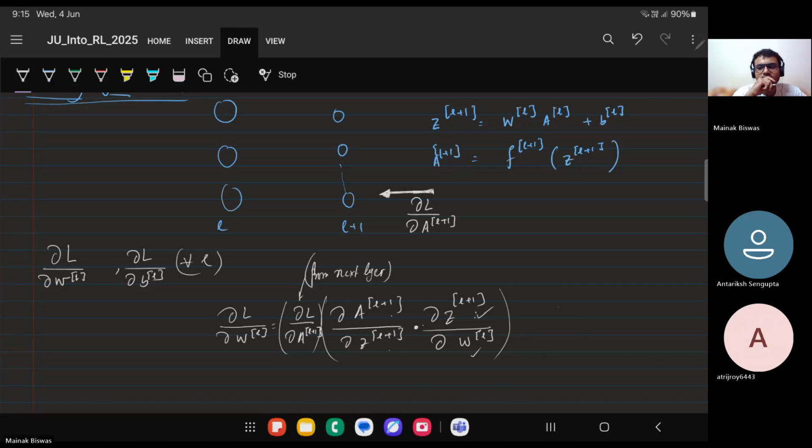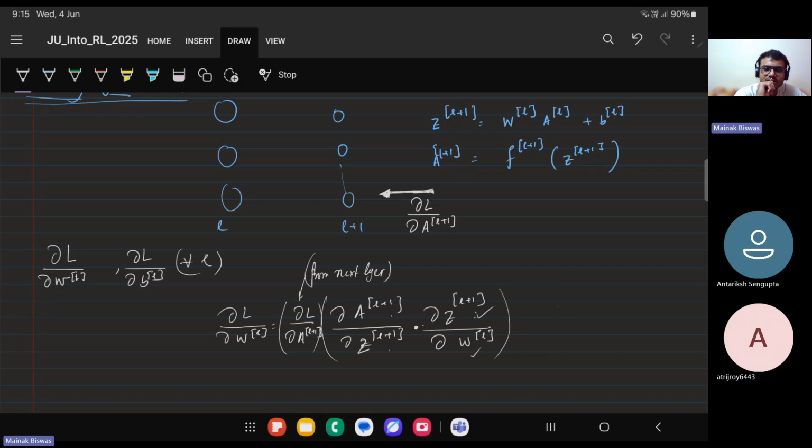Questions? What happened? Not clear? Let's consider the last layer. Last layer is very easy.